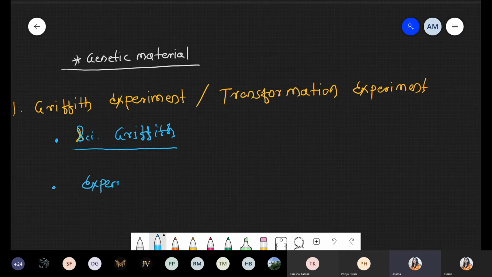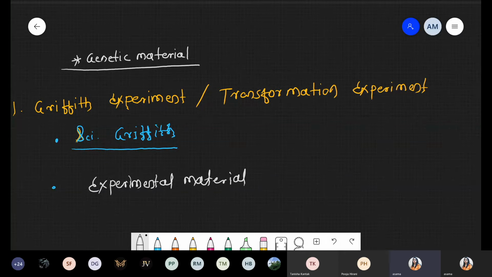The experimental material used by Griffith was a bacterium which causes pneumonia, and the name of the bacterium is Diplococcus.